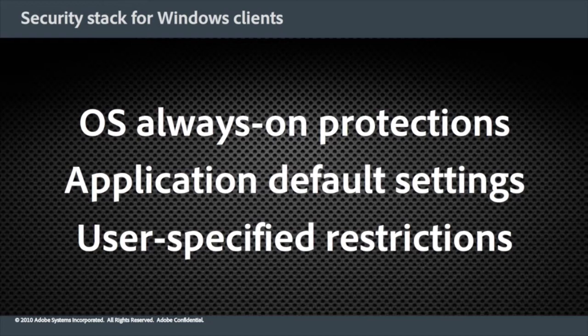Application default settings. These are not simply the settings that Acrobat and Reader ship with. The default settings can be configured prior to deployment and even locked so that end users cannot change them. And finally, user-specific restrictions. These are settings that individuals can set to allow certain documents from trusted sources to have more permissions than documents from unknown sources.